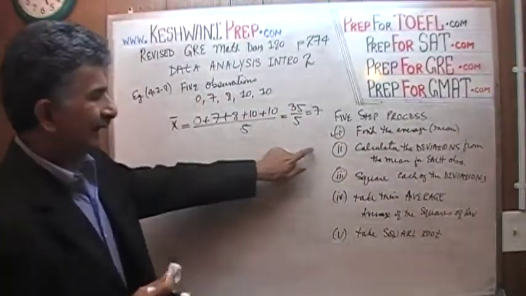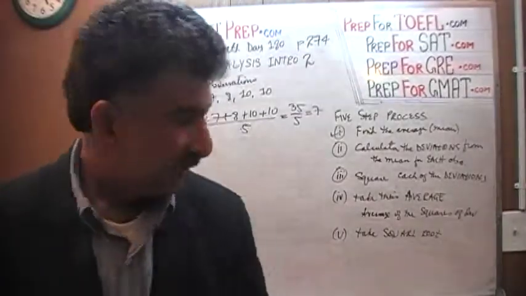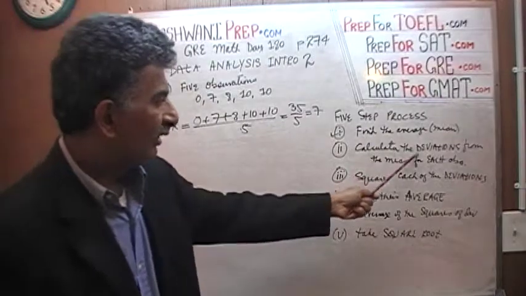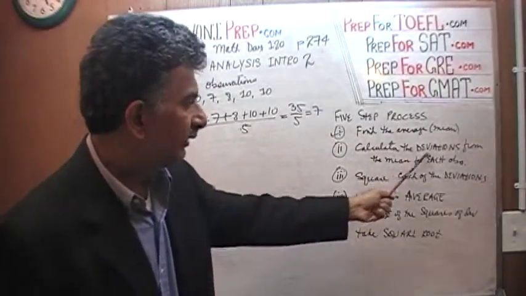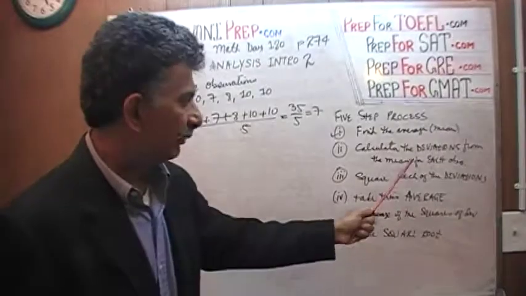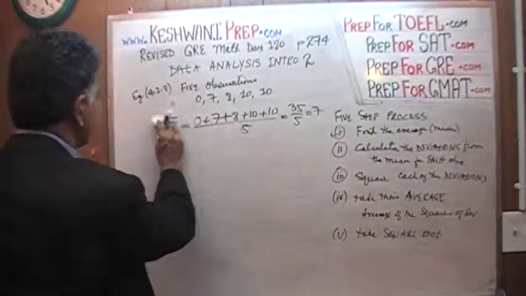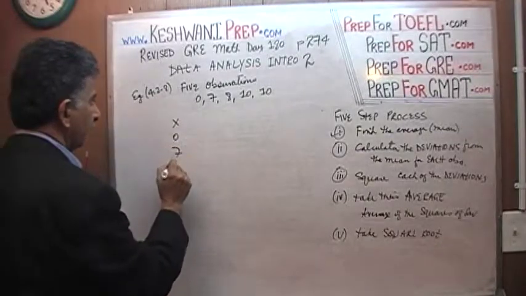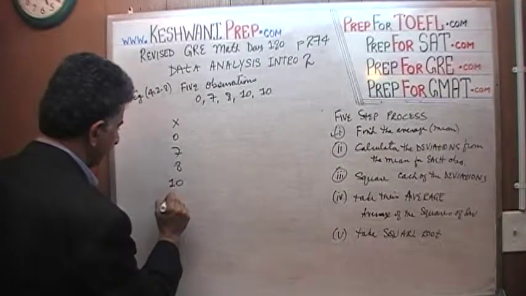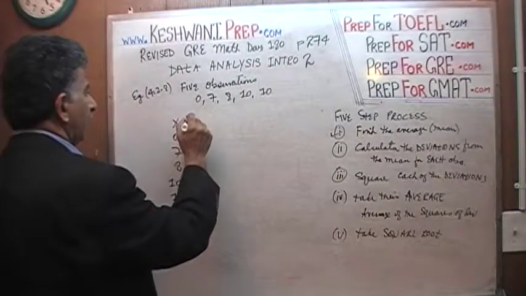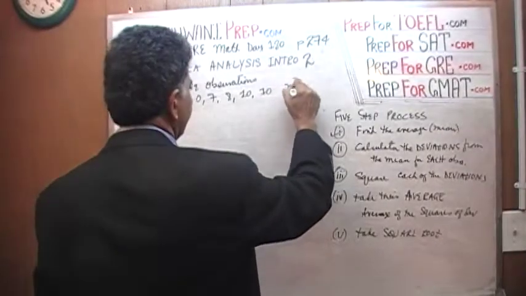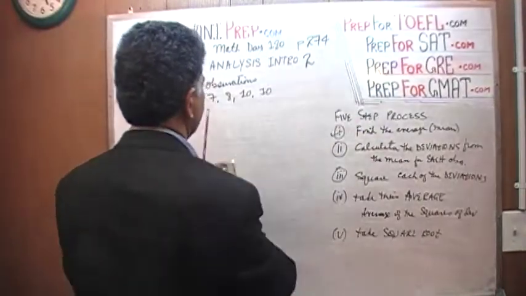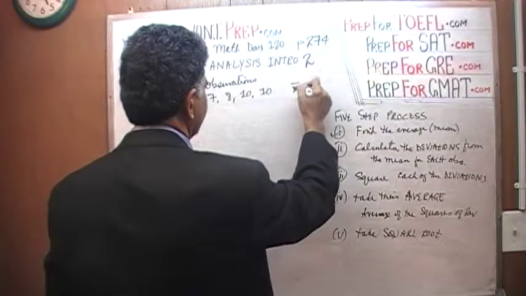Step 2: calculate the deviation from the mean for each of these observations. So let's do that. Here are our observations: 0, 7, 8, 10, and 10. Our mean, which is X bar, we just found out, is 7.